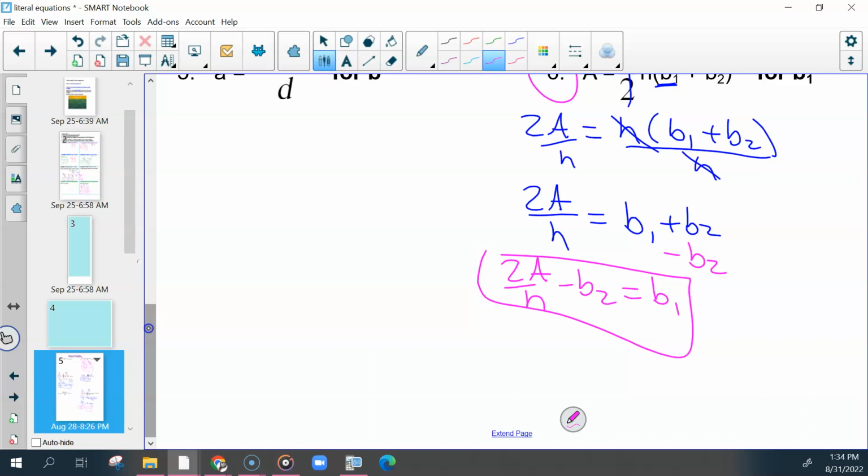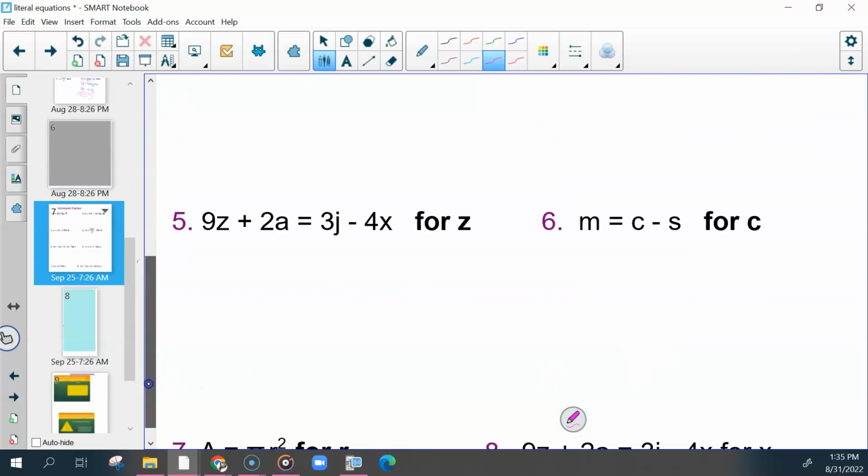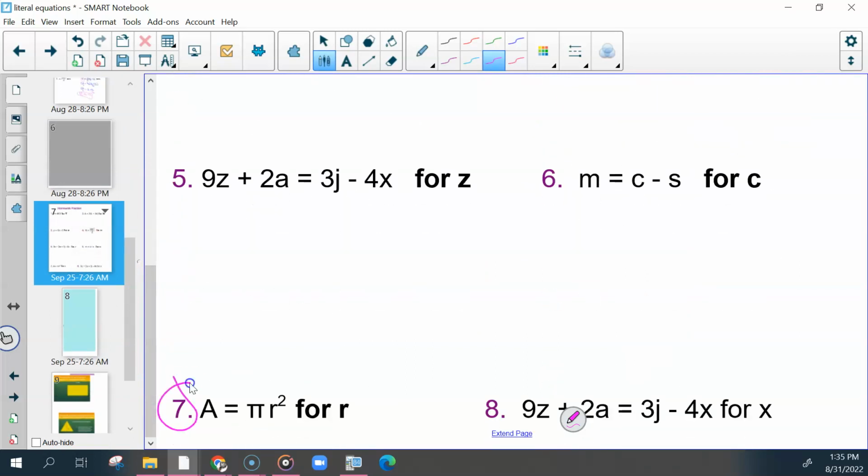Look on the next page because it has more practice problems and see if there are any you want to go over, go through, have questions about. We have 7. I will say 5 and 8 are very similar.